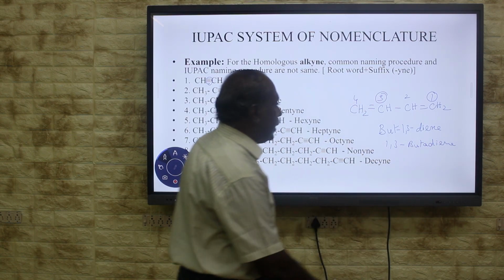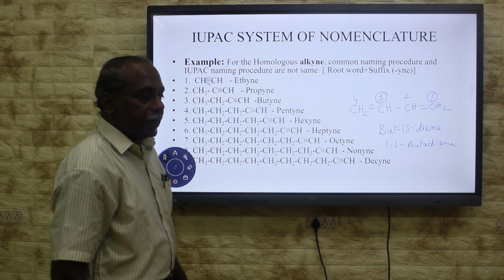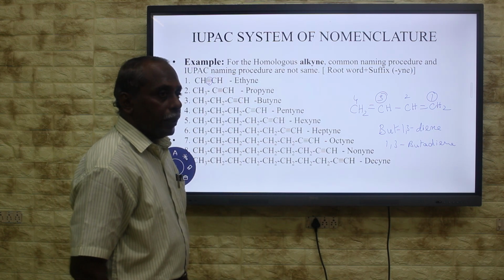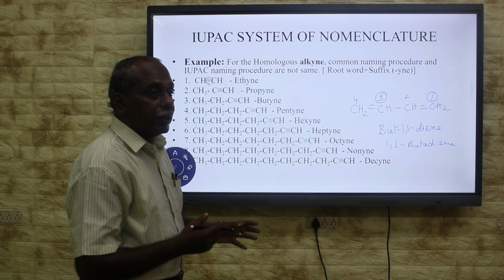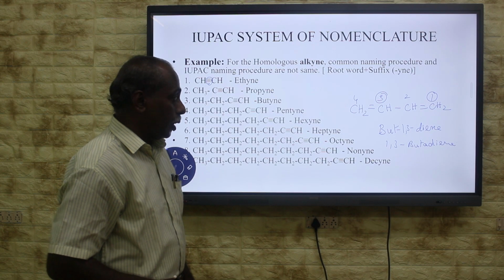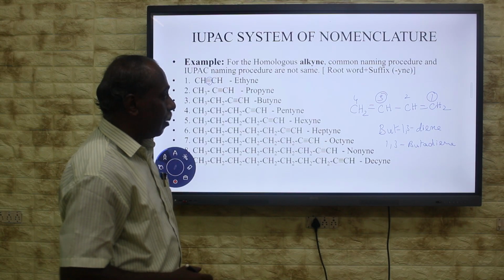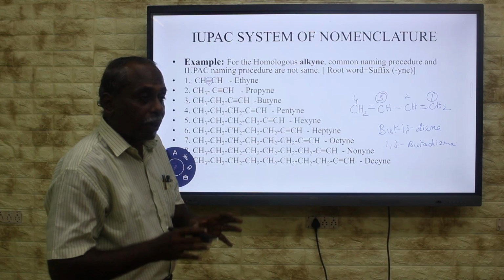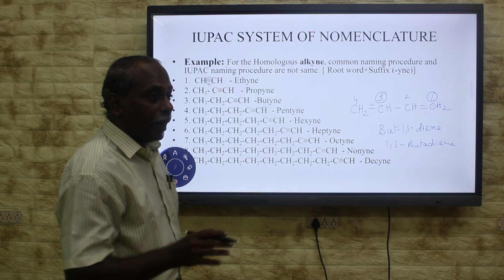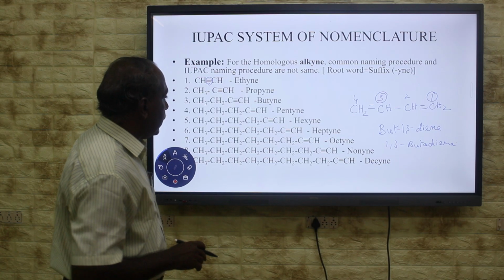It is a way of writing the IUPAC name for the compound. This molecule could not be named by the trivial system of nomenclature, which is applicable only for one double bond present in the compound.